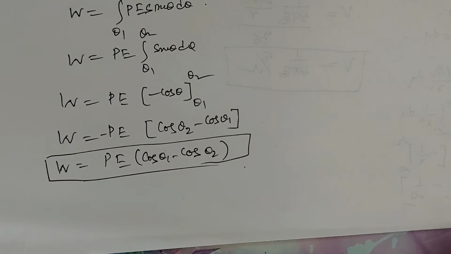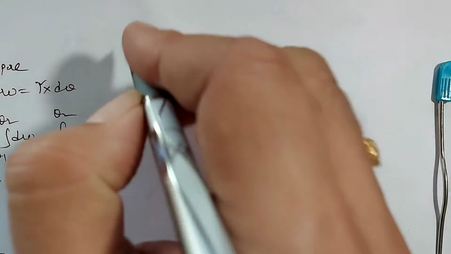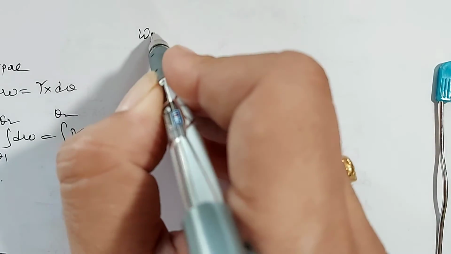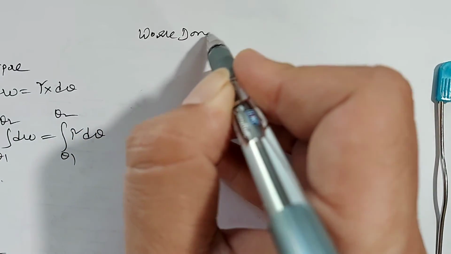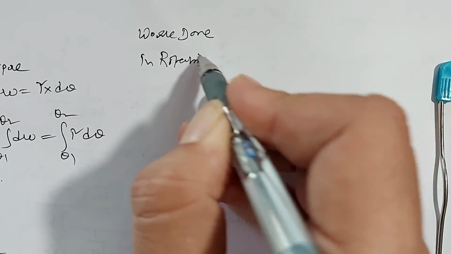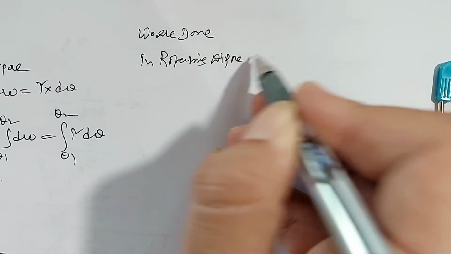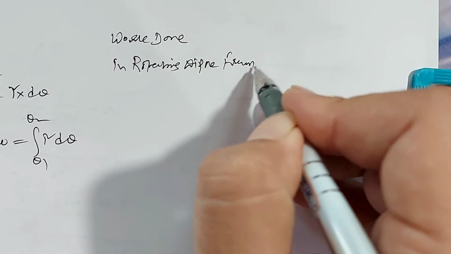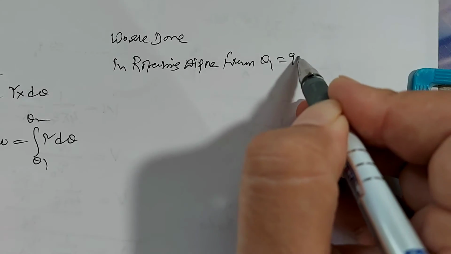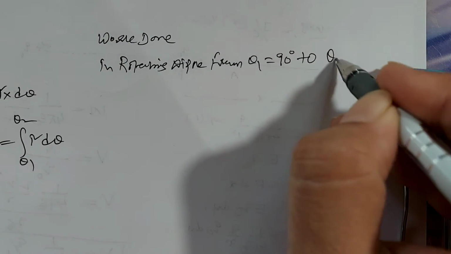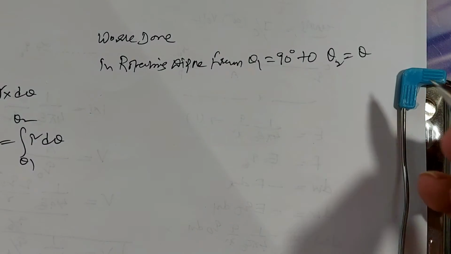Now we consider a special case. Work done in rotating the dipole from theta 1 equal to 90 degrees to theta 2 equal to another angle theta.